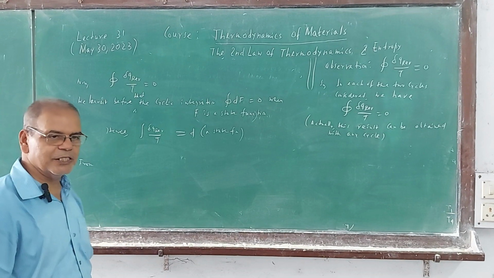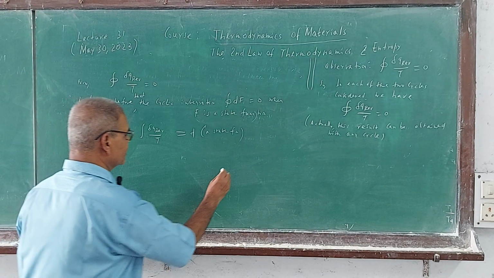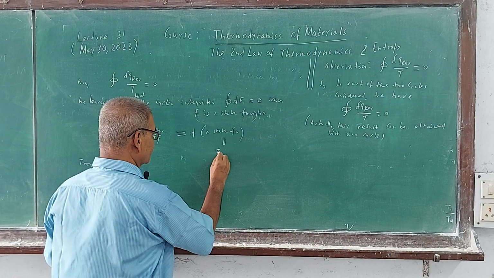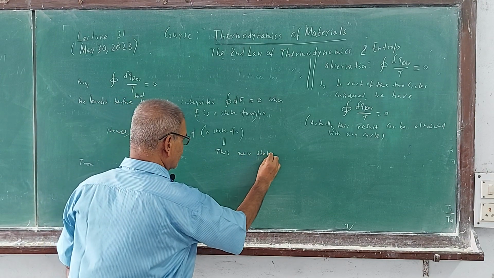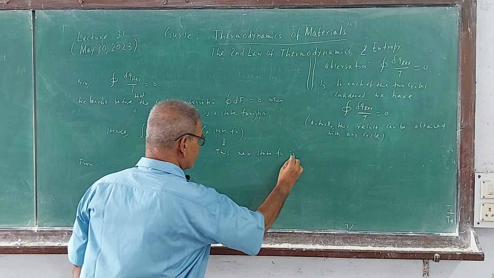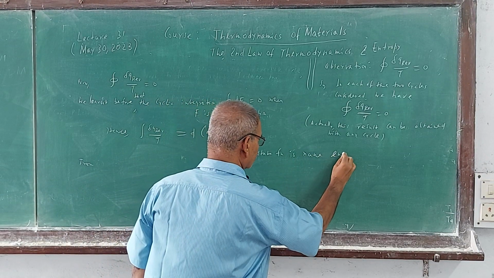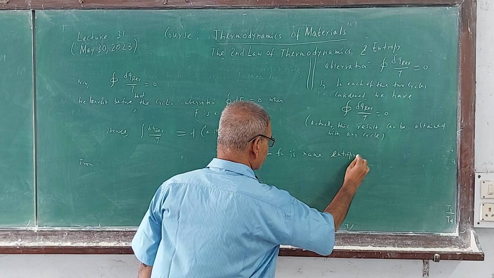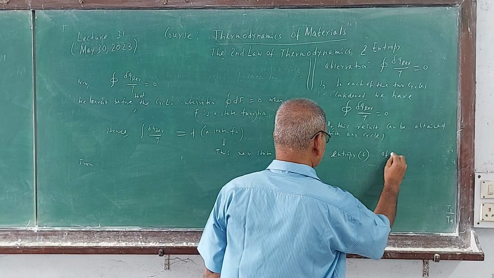What is the name of this new state function? Entropy. This new state function is named entropy. The symbol is S, of the system.